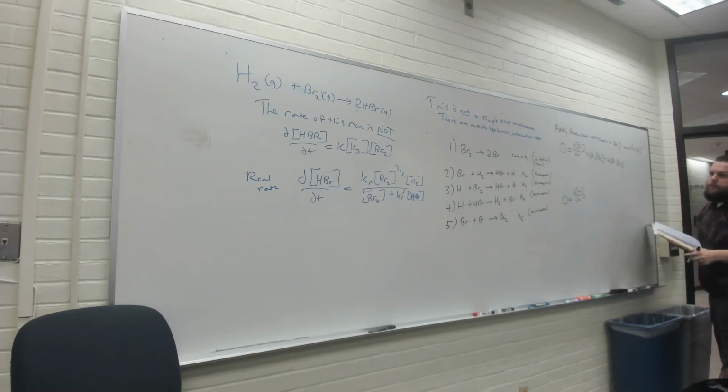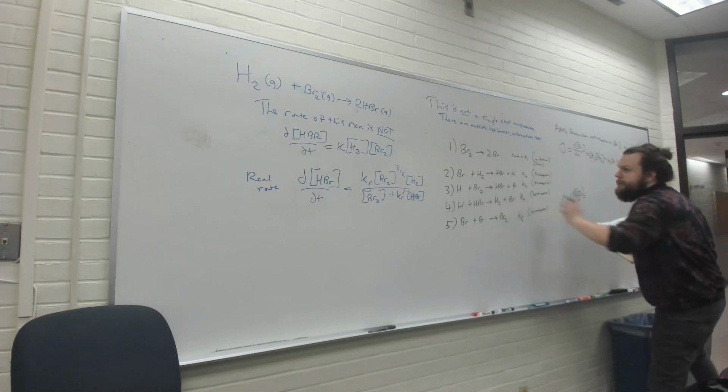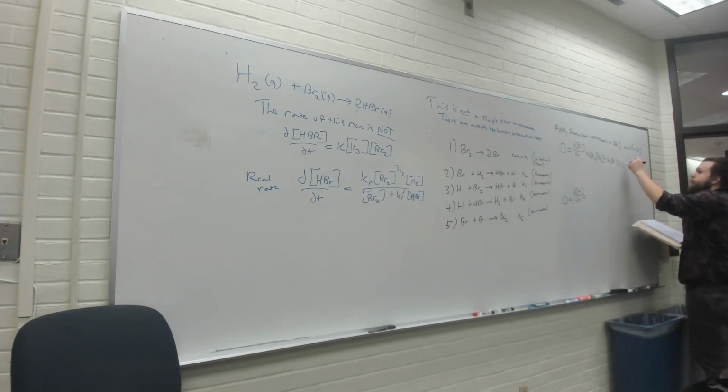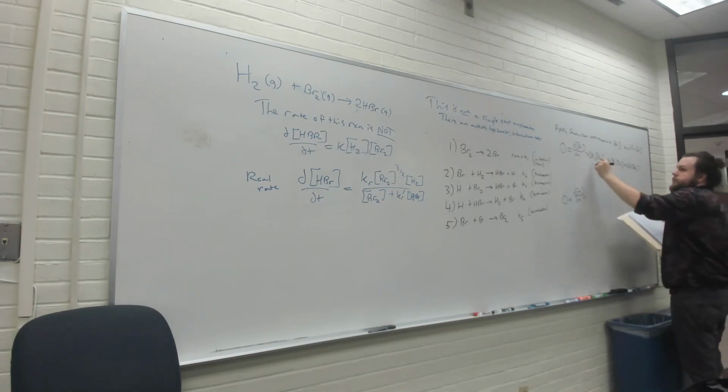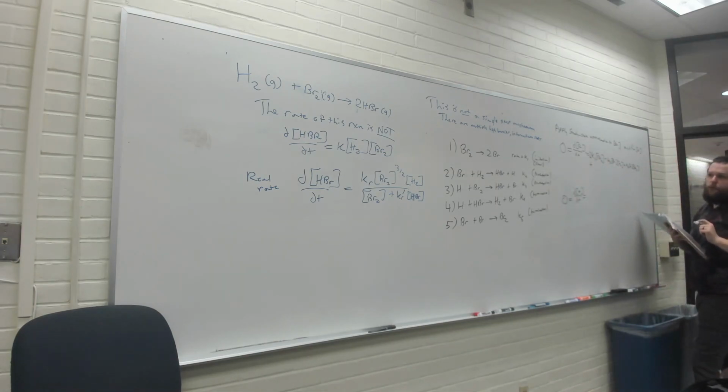It gets created by step 3. That's converting an H atom to a Br radical, or propagating the free electron. That's going to be k3 times H times Br2. It also gets created by step 4.